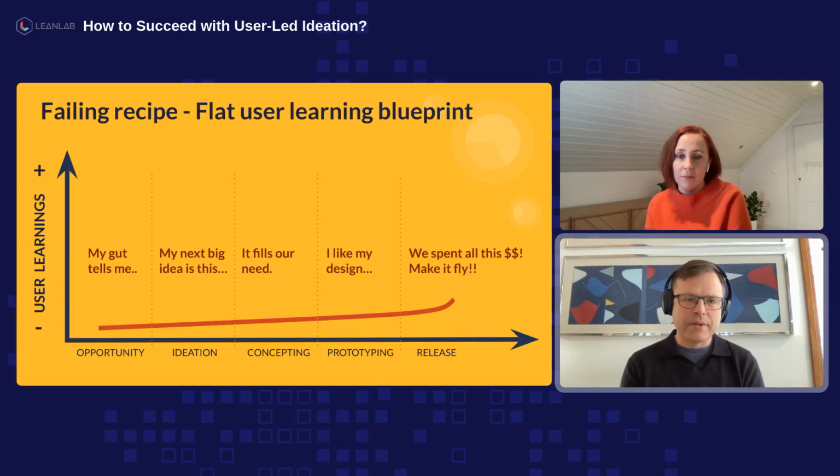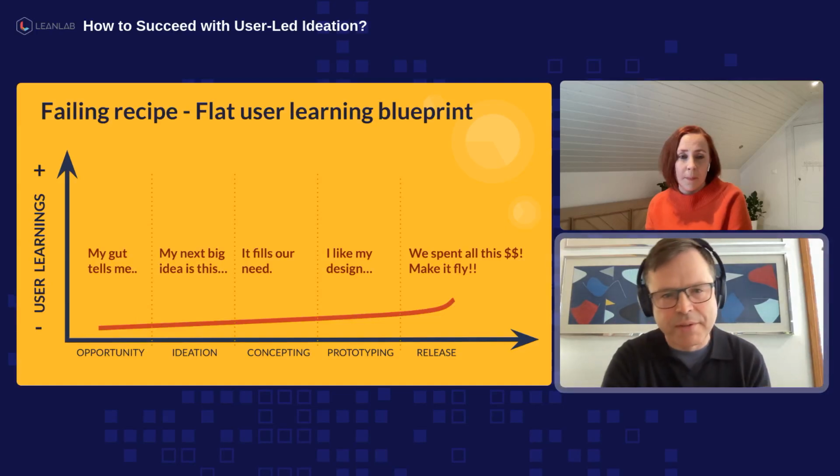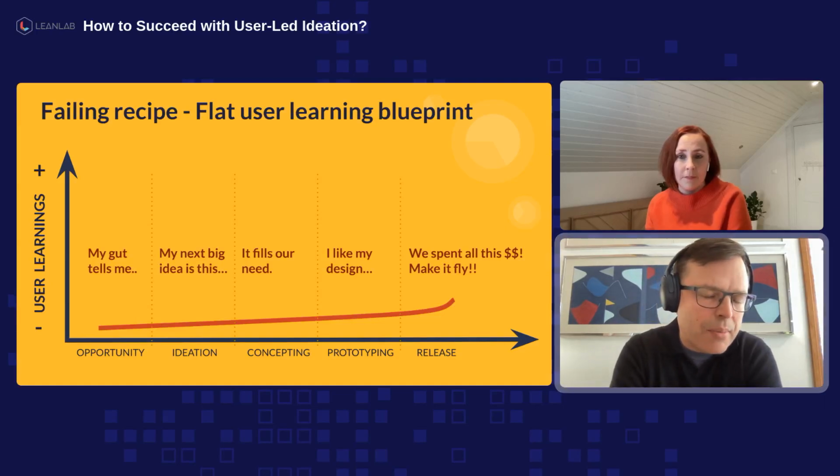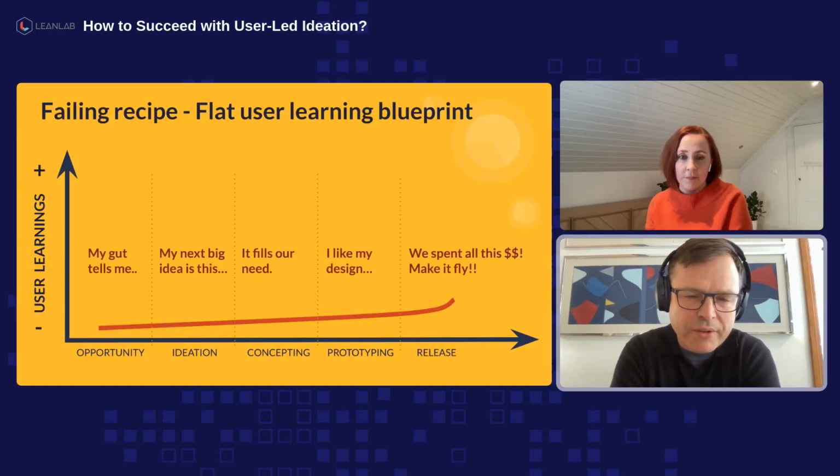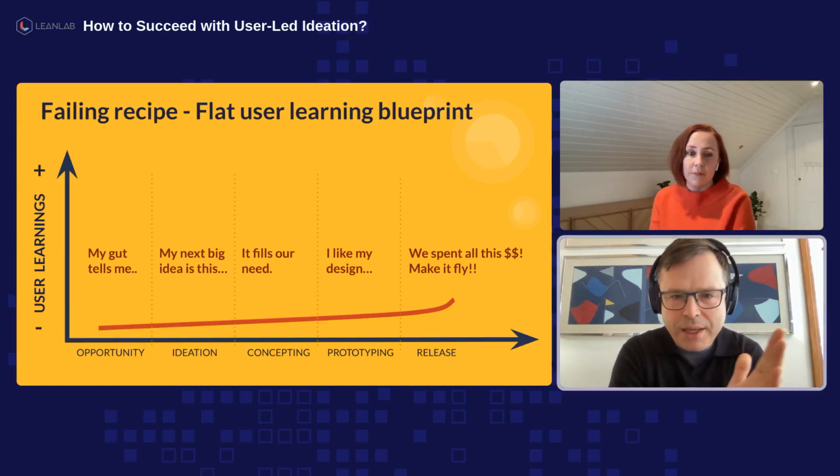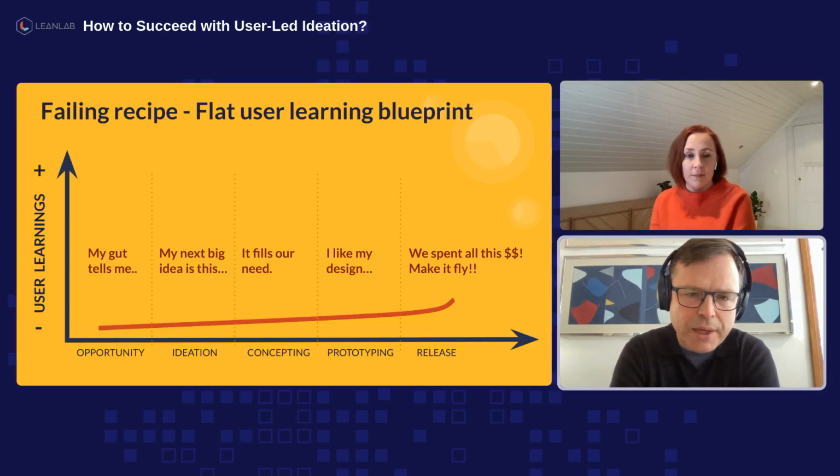And on the vertical axis, you can see the accumulated user learnings, so the number of times you learn from your users along the product or service development funnel. These companies that are constantly failing are really struggling with their flat user learning blueprints. As you can see there, the first time that you start learning from your users is at the very bottom of the product development funnel, when you release.